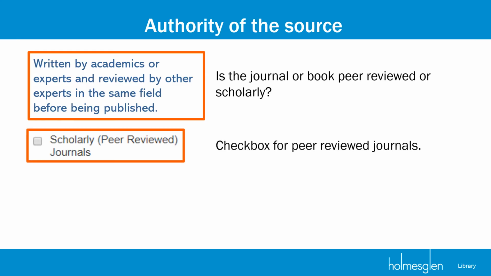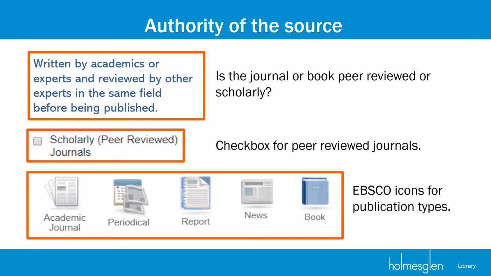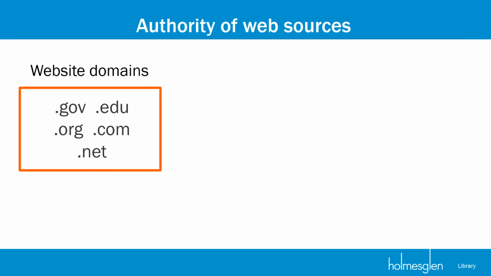Many databases will let you narrow your search to peer-reviewed or scholarly sources. Some databases, like EBSCO, even use special icons to make it easier for you to identify different types of sources. Website domains like .gov, .edu, .org, .com, and .net can give you a clue to the possible authority of the information.